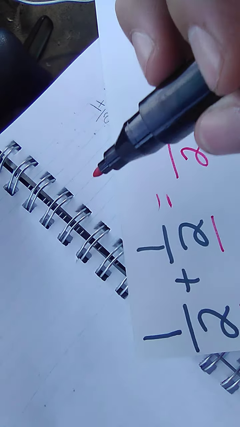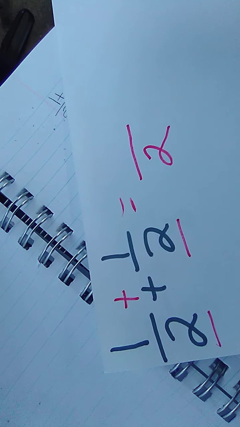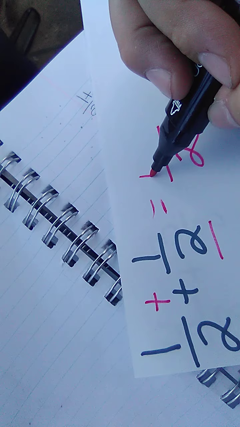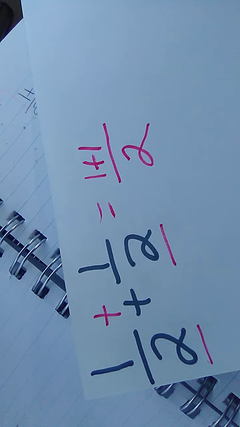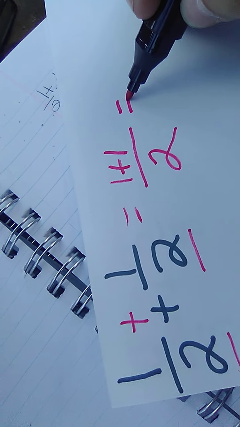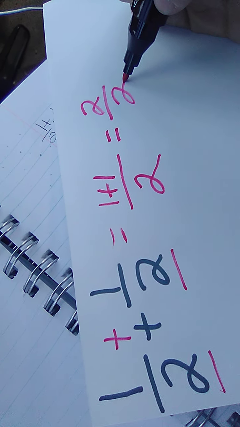Okay, now the only thing we're going to be doing is adding the numerator, the 1 plus 1. Now, it may be easy if you do 1 plus 1 over 2. That's the most simple way to think about it. And if you think of that, we have 2 over 2.